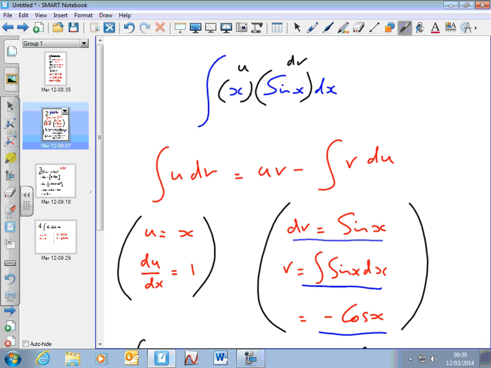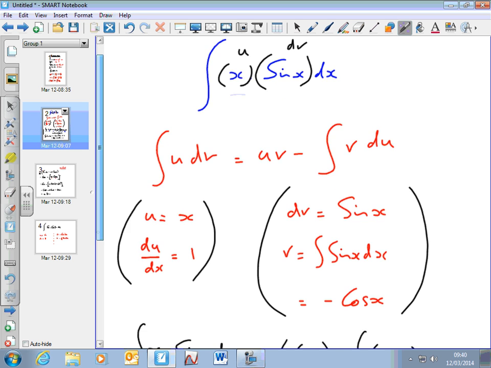So the bit we call u we differentiate, the bit we call dv we integrate. One part we differentiate, one part we integrate. And it works because when we differentiate one bit, x disappears. That's the key. If I differentiate x, x disappears, so then I know I'm going to be left with an integral that I can do.